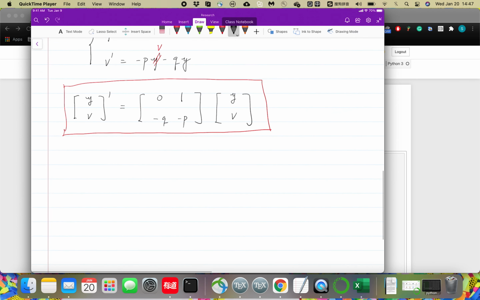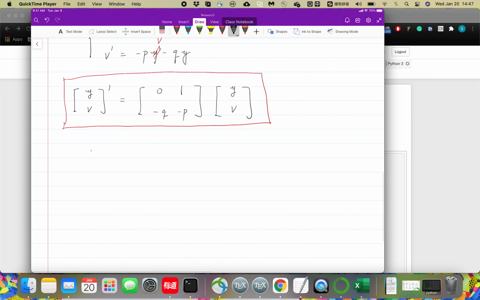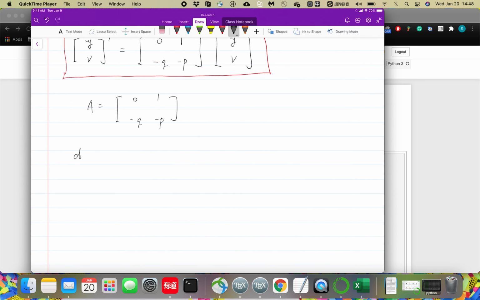Okay, so how do you solve this system? Well, the first thing is I take out this matrix, and then I solve for the determinant. So determinant of A minus lambda I, and I'm hoping this will give me my eigenvalues.